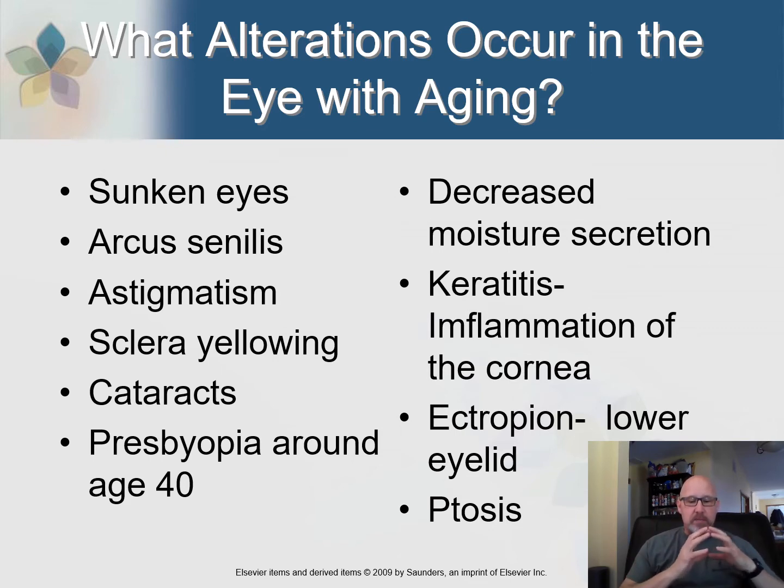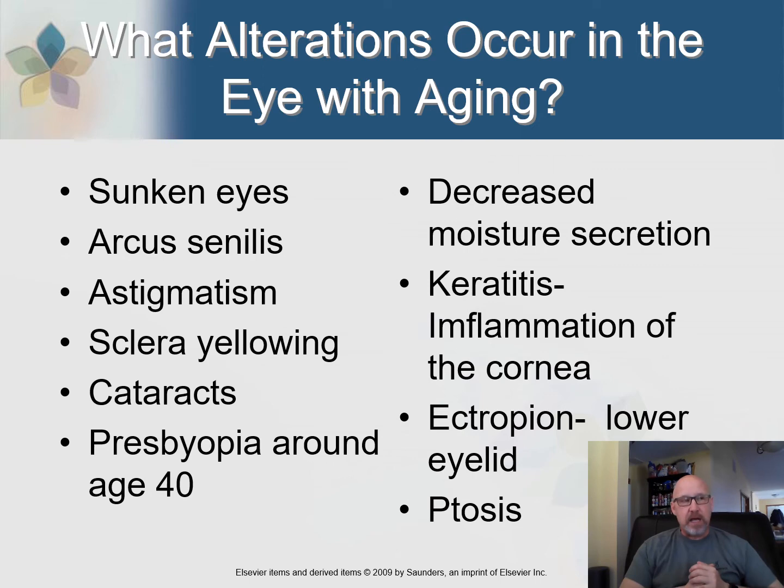This can sometimes result in fatty globules that are deposited, and result in this arcus senilis. The cornea itself will flatten and become irregular. This can lead to astigmatisms, or make any astigmatisms worse, which can lead to visual disturbances. The sclera itself becomes less white and more yellowish in nature.